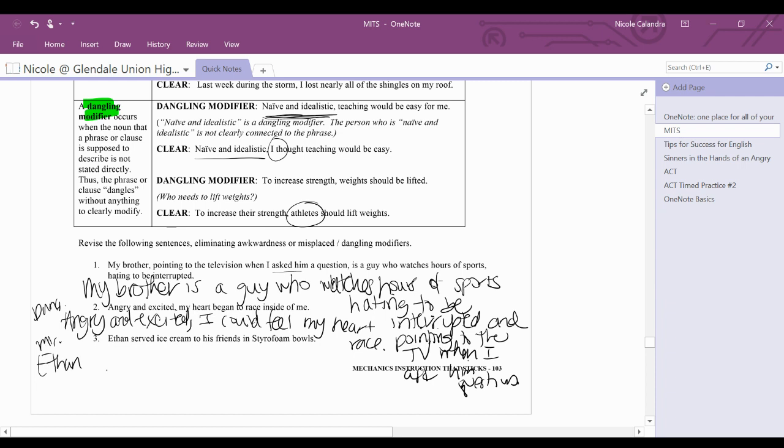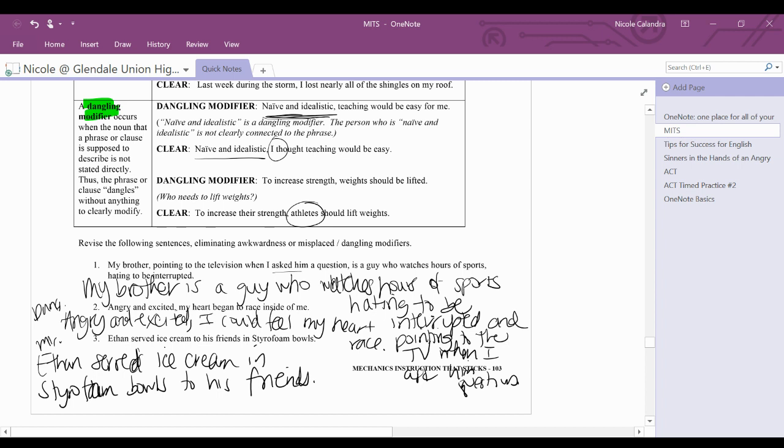So Ethan served ice cream in styrofoam bowls to his friends. I feel like this one's the most obvious, right?